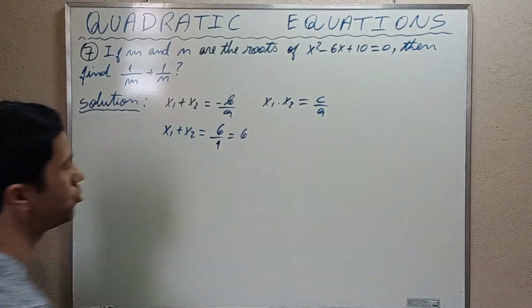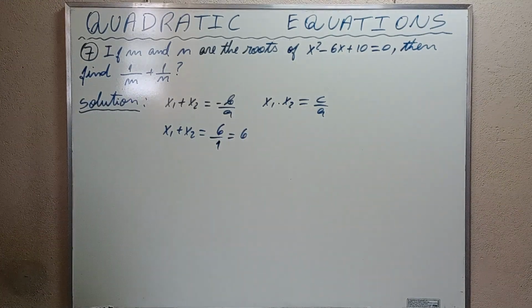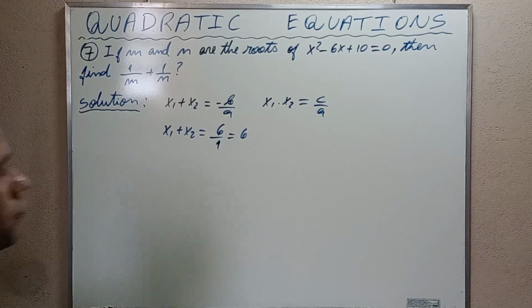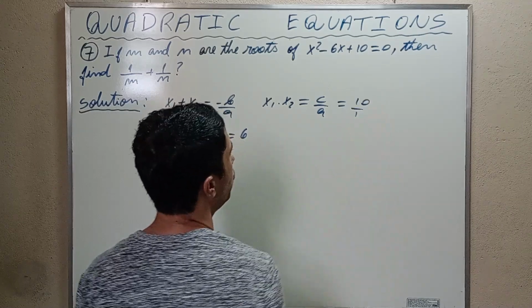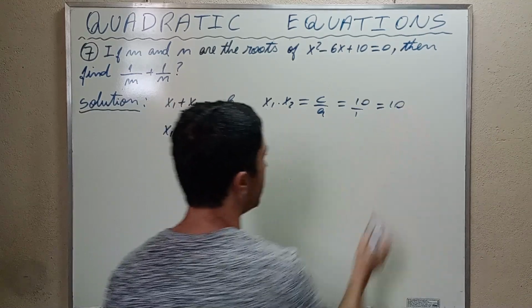Then this is equal to 6. x1 times x2 is equal to c over a. c is equal to 10, and a is equal to 1. Then this is equal to 10. Okay?